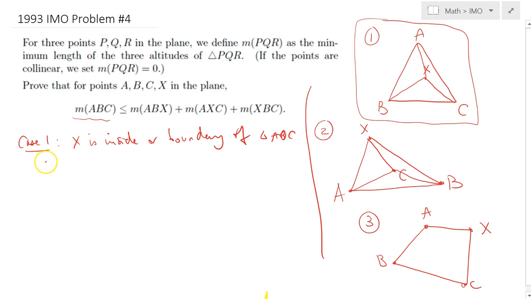Let me introduce some notation. Let delta 0 represent triangle ABC. Delta 1 will represent triangle XBC. Delta 2 would represent triangle AXC. And finally, delta 3 would represent triangle ABX.